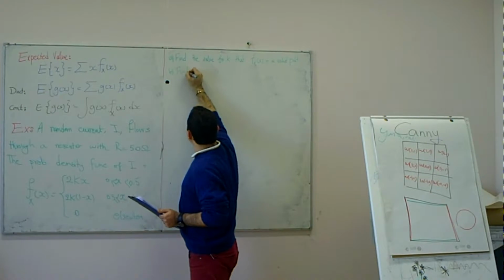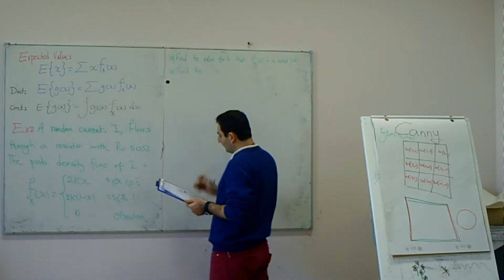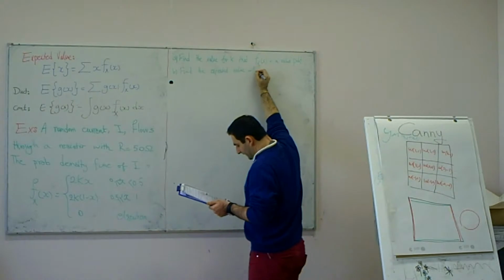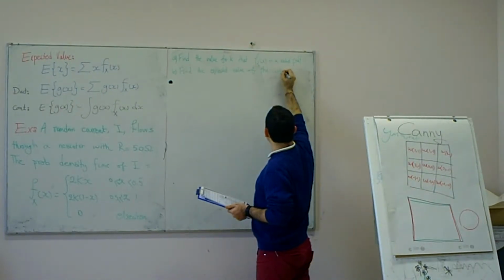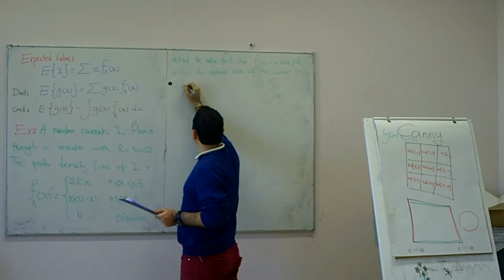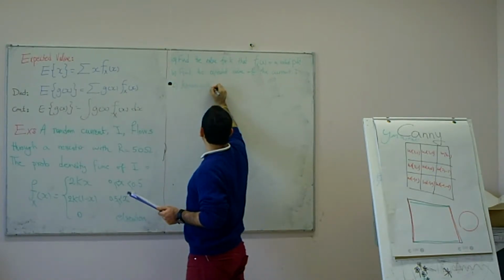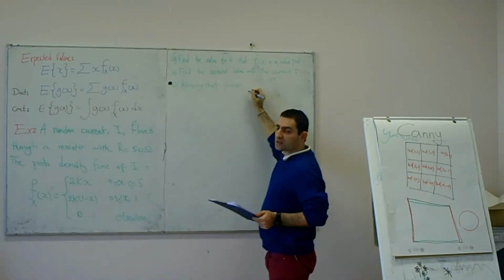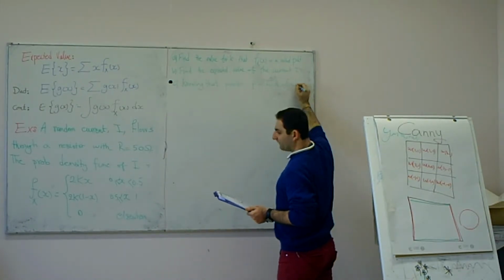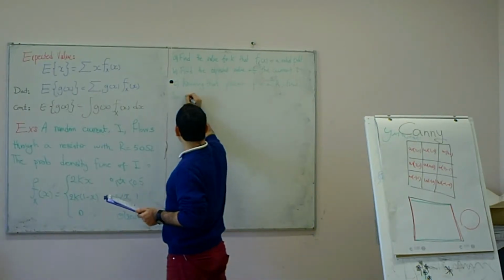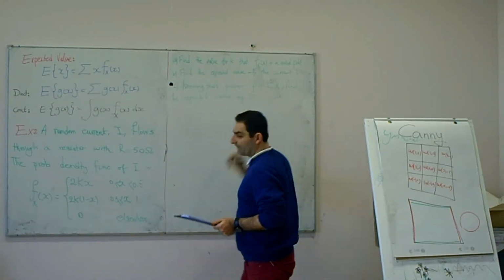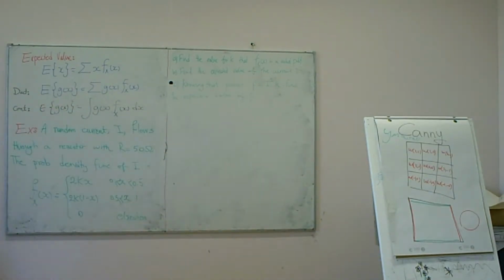B. Find the expected value of the current I. And C. Knowing that the power consumed in a resistor, P, is equal to I squared R, find the expected value of P. Find the expected value of P.